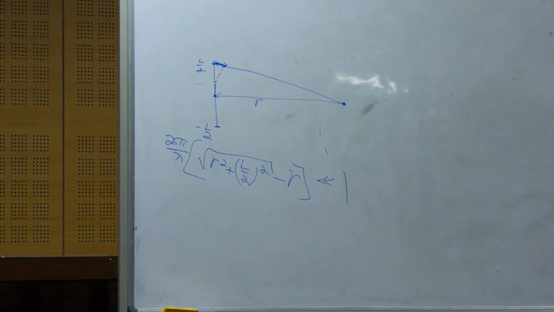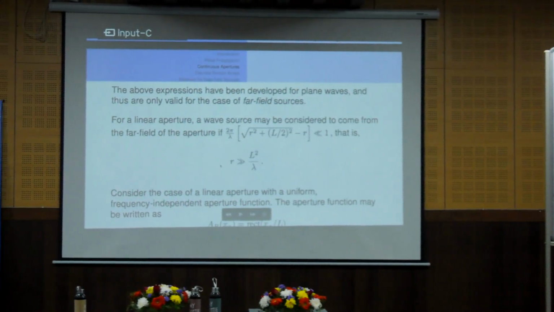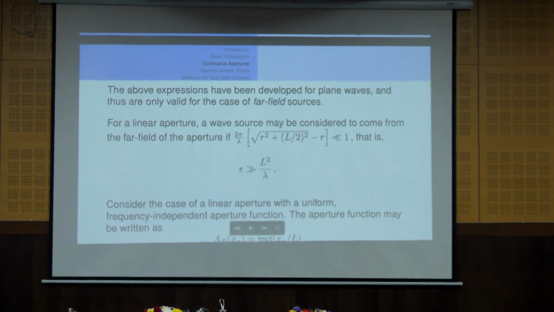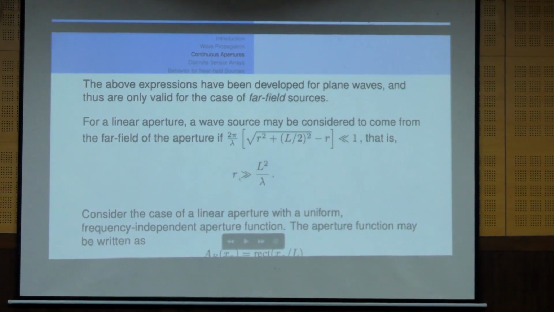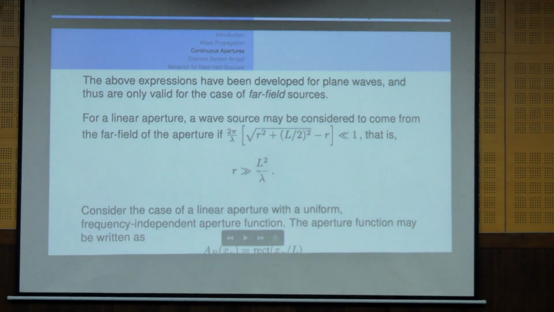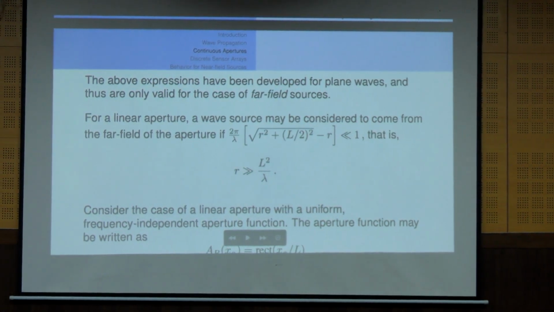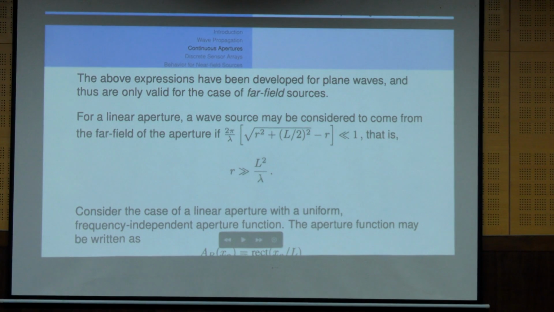So this is what I wrote. It's the same as writing that R, the distance from the source to the aperture, is much larger than L squared, the size squared of the aperture, divided by the wavelength. So of course it depends on the frequency. Because for high frequencies, lambda is small, and this is much larger.